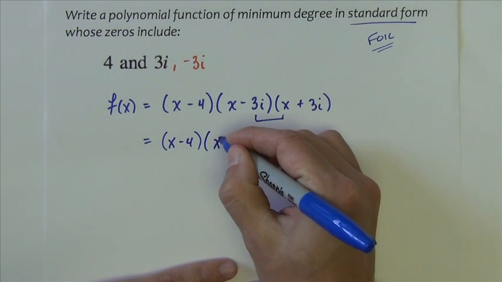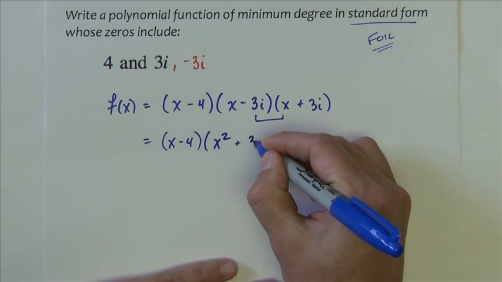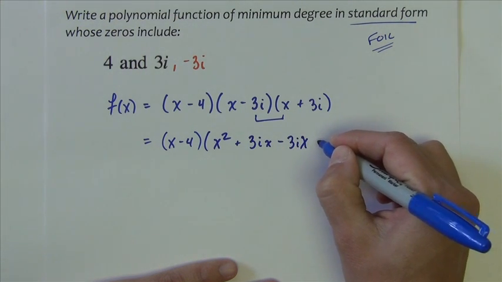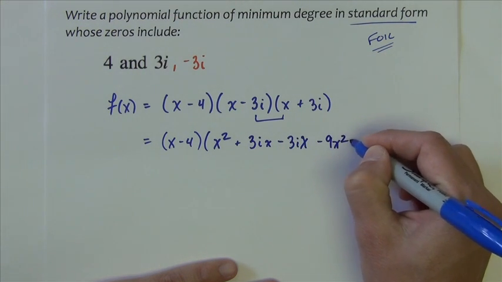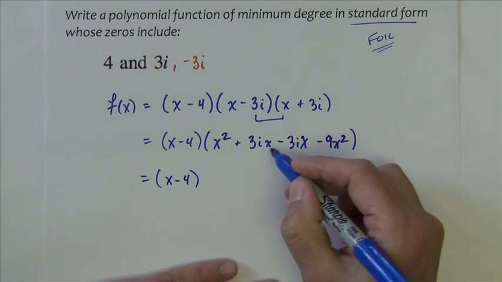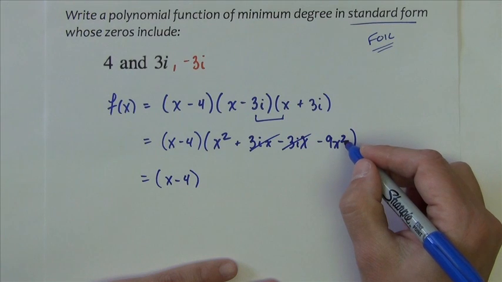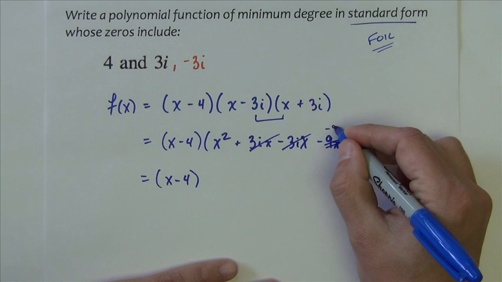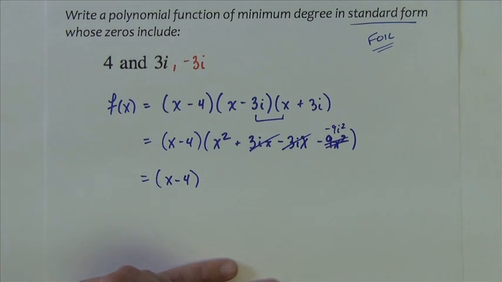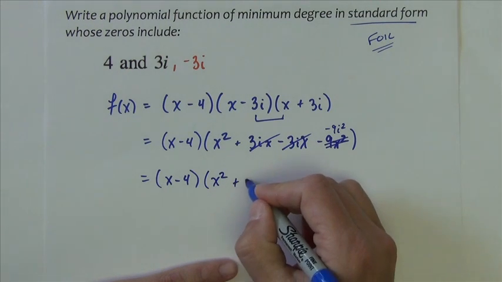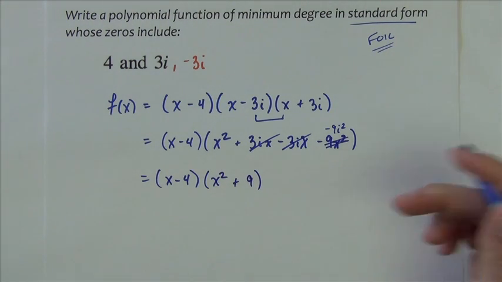So we'd have x squared plus 3ix minus 3ix minus 9i squared. We need to do a little bit of simplifying there. These cancel. That is not supposed to be x squared. That was supposed to be i squared. Got a little mixed up on my variable. So this is x squared plus 9.